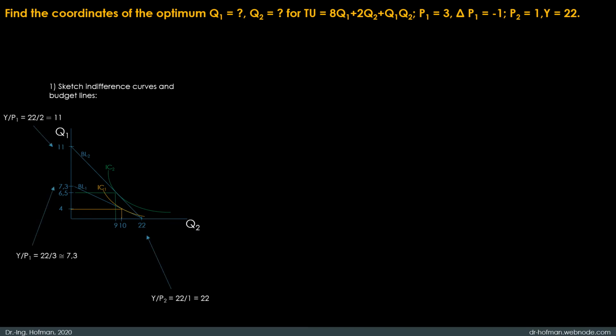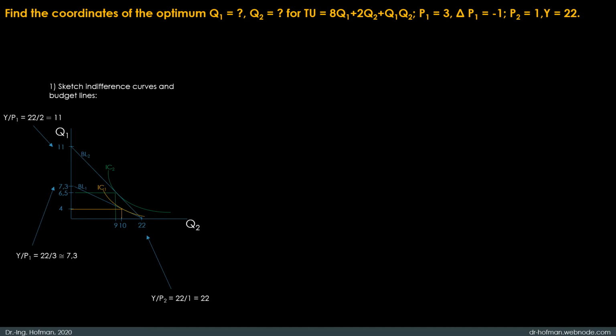Also, we know the points where budget line 1 meets the axis Q1, calculated as yield 22 divided by price 1, 3, which is approximately 7.3.